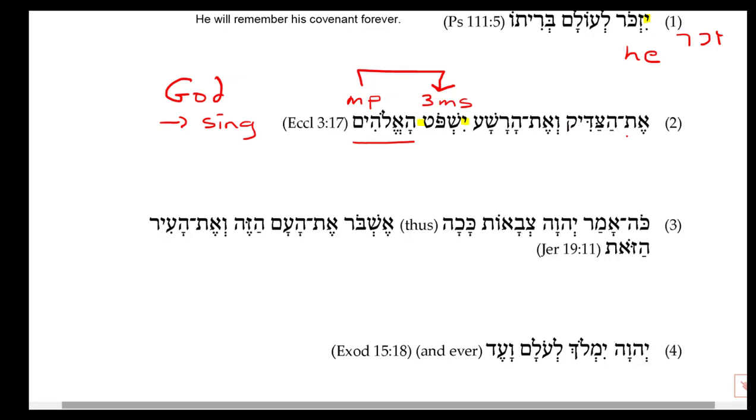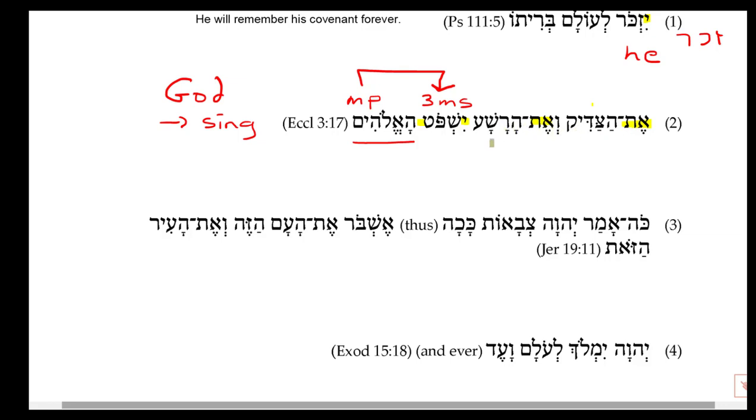And so let's take a look at what we have here. We have a direct object marker, et, and then another direct object marker, et. So we have two direct objects of the verb judge, shafat. So we have God will judge. That's way over here. We have God at the end, and then the verb will judge, and then direct object marker, the righteous and the wicked.